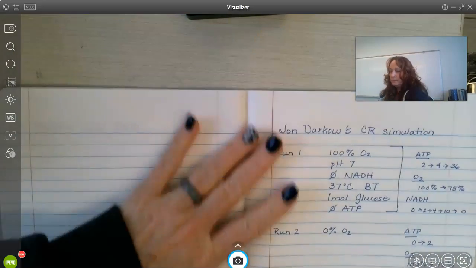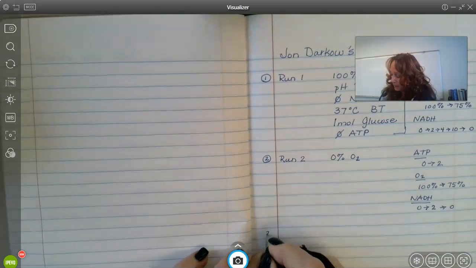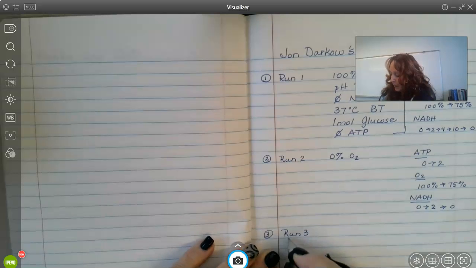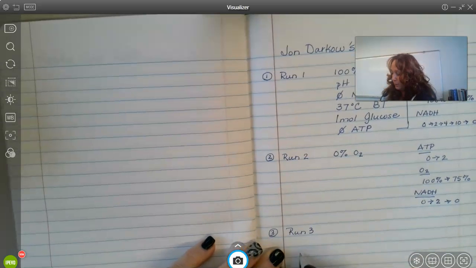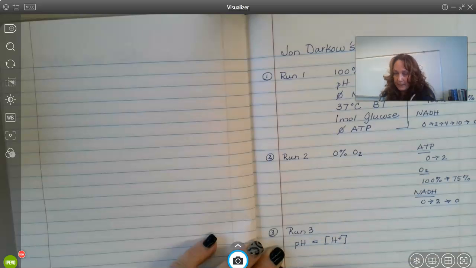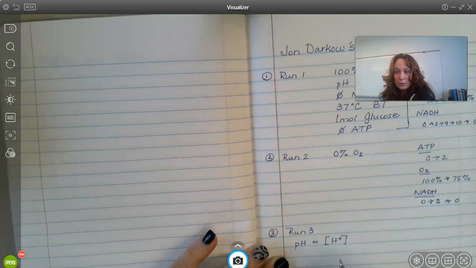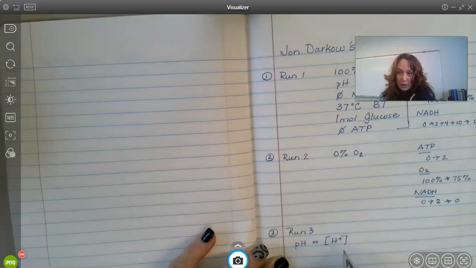So let's write ourselves a little note over here, because I'm going to change pH next. So this is run 3. pH is equal to the concentration of hydrogen ions. That's what it is. And we're looking in that intermembrane space, which is where we keep the hydrogen ions.